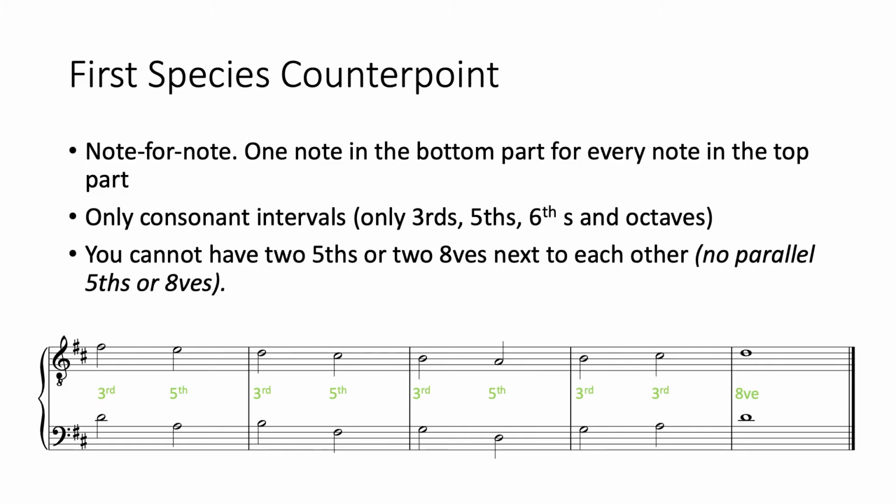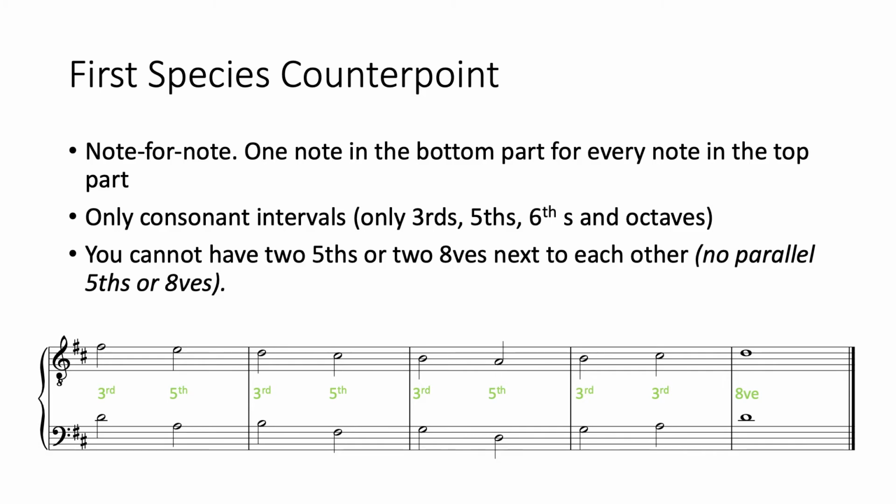That sounds almost like one part, whereas, I suppose it doesn't help that I've used lots of parallel motion there. So if you have this, that definitely sounds like 2 independent parts, and that's something that we're aiming for in our contrapuntal writing. We want the lines to be evident.